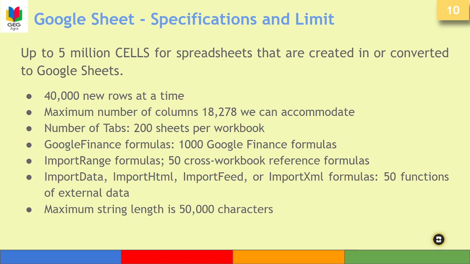We can have up to 5 million cells for spreadsheets that are created in or converted to Google Sheet. 40,000 rows you can add at a time. The maximum number of columns is 18,278 or triple Z. Number of tabs, we can add 200 sheets per workbook or per spreadsheet.